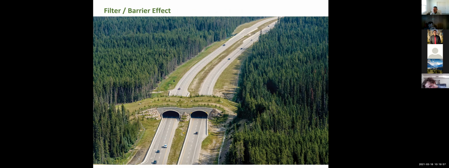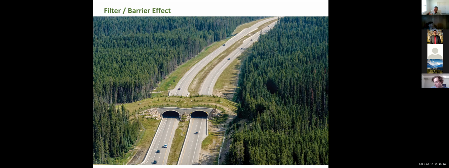These structures allow animals to cross human-made barriers safely, and as we've seen with other examples in some of the previous slides, these can be a really crucial protection, not just for the wildlife, but also for humans as well.